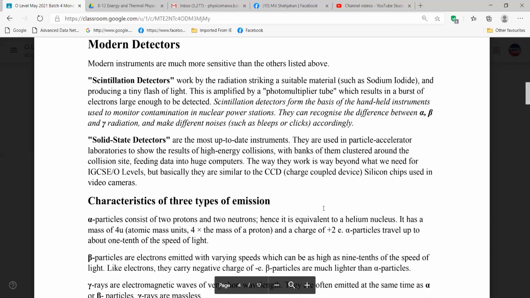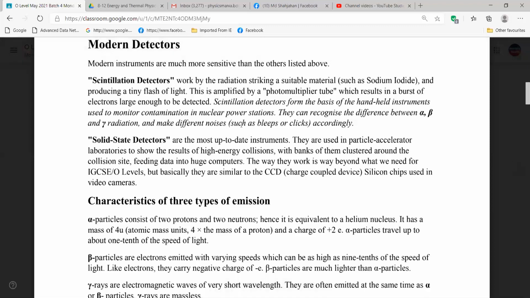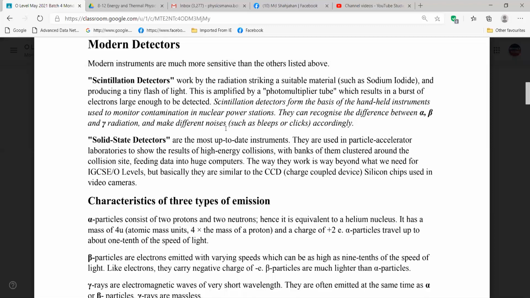Okay, wait here. Then you write about scintillation detectors, only the italic form. So scintillation detectors are a handheld instrument. This is the first thing, and it is used in nuclear power stations to check contamination. Then it can recognize alpha, beta, and gamma radiation separately.